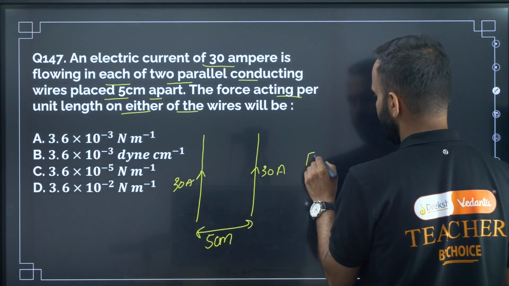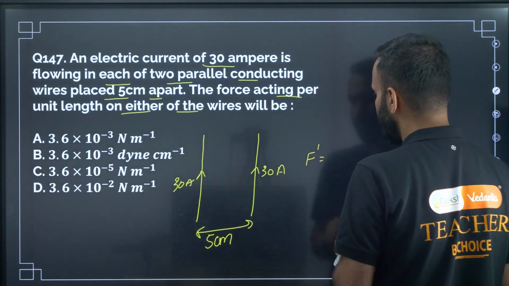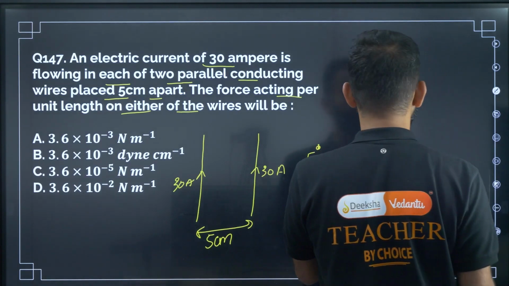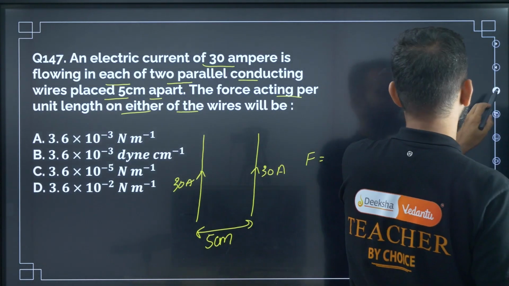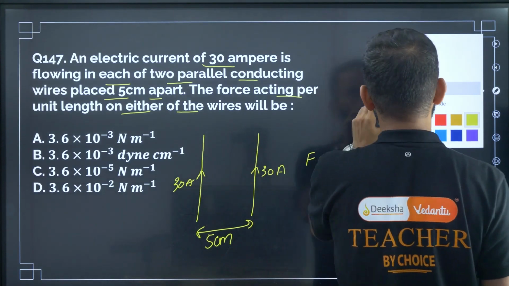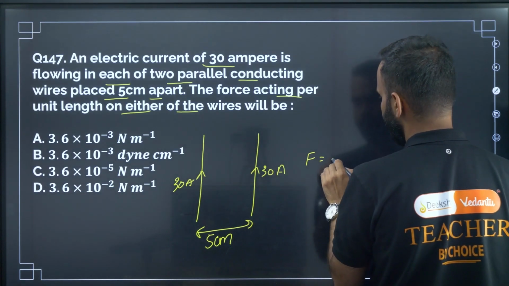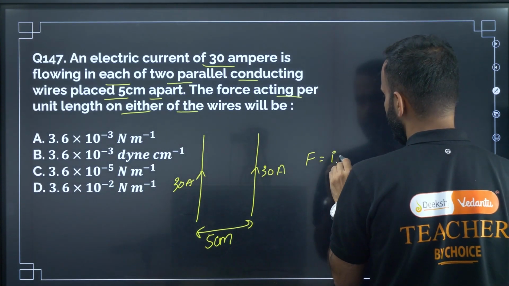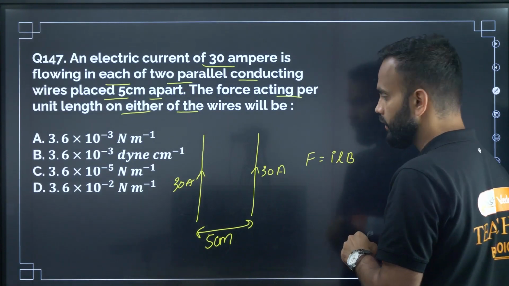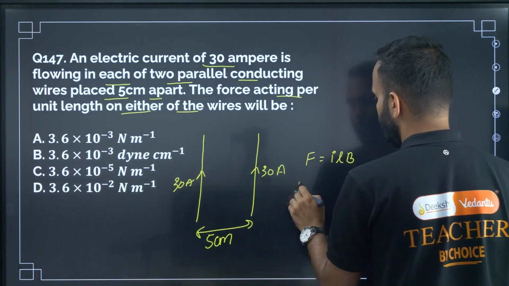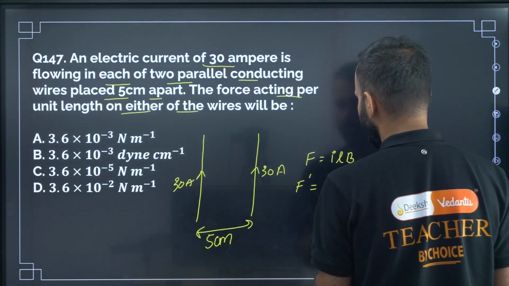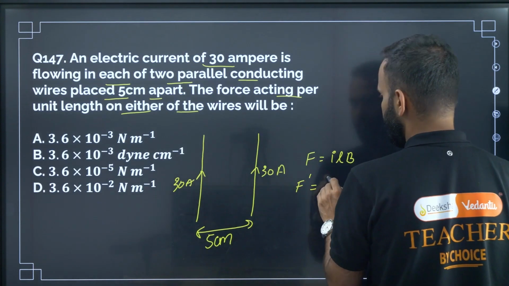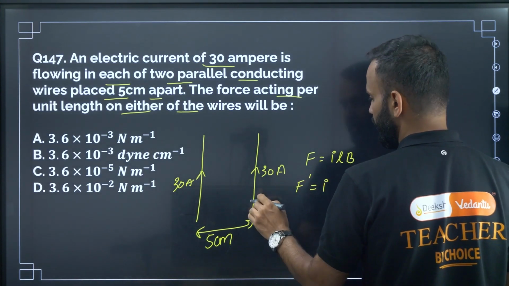That is F dash. F dash is equal to the magnetic force, or the force on one wire due to the other wire, is equal to I into L into B, right? Now force per unit length, that is F by L. F by L is F dash, which is equal to the force acting on the second wire.